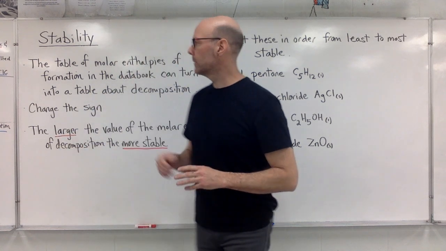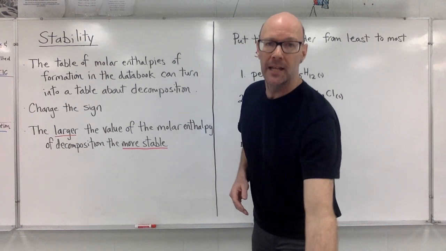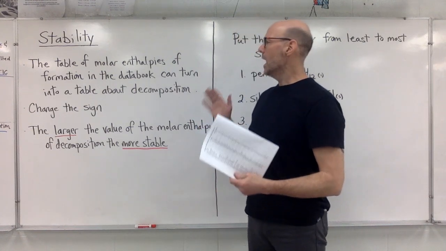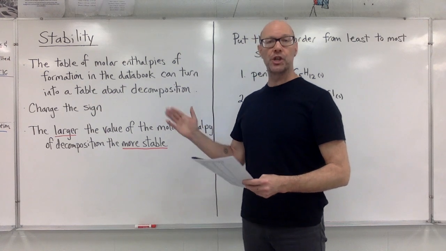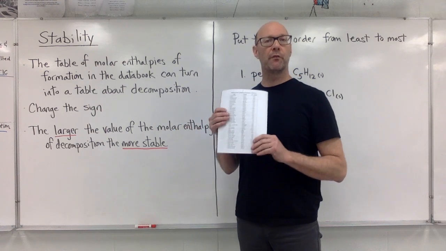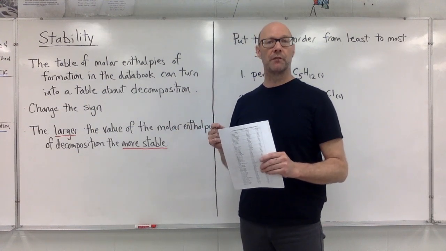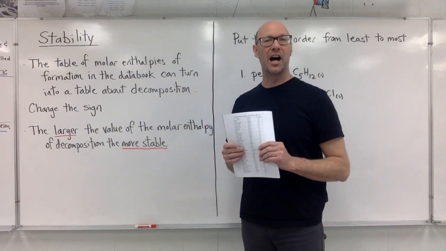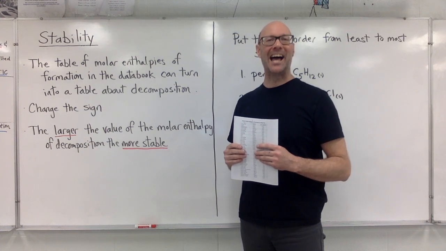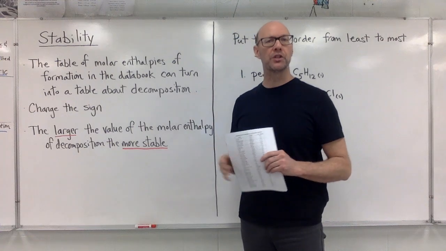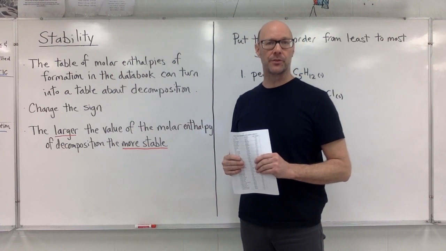The idea is that the table of molar enthalpies of formation in the data booklet can turn into a table about decomposition. We just have to change the sign. We have all these formation values, but decomposition is the opposite of formation. It's the reverse of formation. And we saw during our work on chemical additivity that when we take the reverse of a reaction, the sign of the delta H changes.